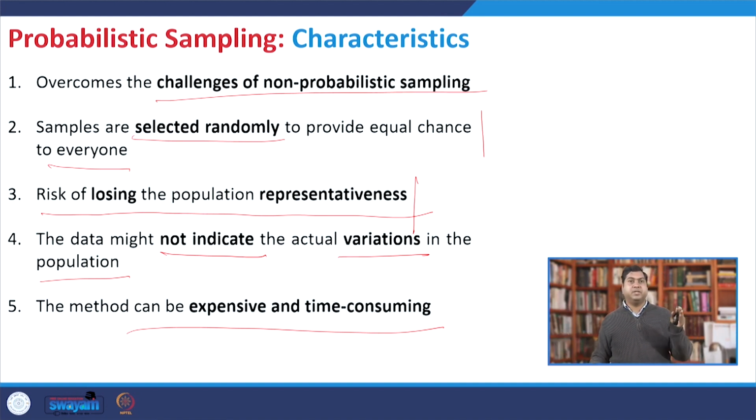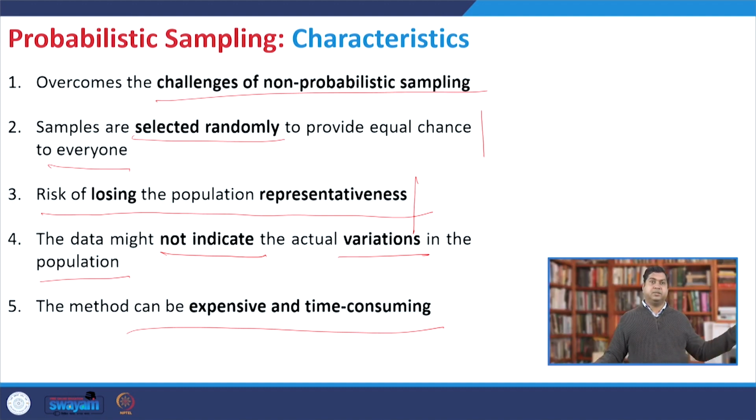Take the metro passenger survey again: even if the second person is coming towards you and there is some willingness, if you want to follow randomness, you have to skip that. So it will take longer and also be expensive. Normally this kind of sampling is done where the population is huge, you need a huge amount of information and the sample size is larger.